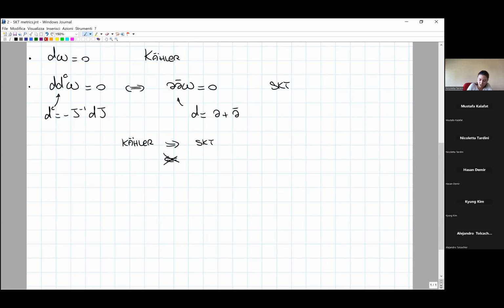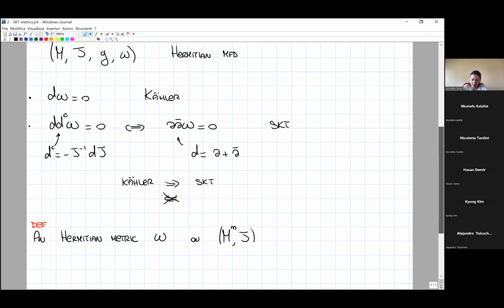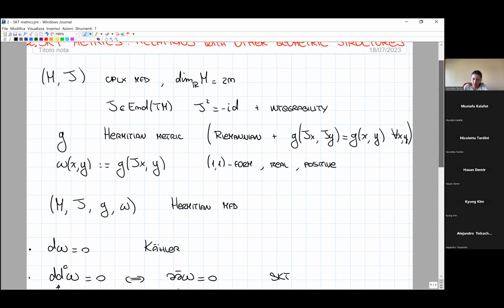So let me recall the definition of balanced metric. Here is the definition. An Hermitian metric, let me call the metric omega, we can call omega itself the Hermitian metric, on (M, J), where M has complex dimension n, or again, if you want, the real dimension of my manifold will always be 2n.